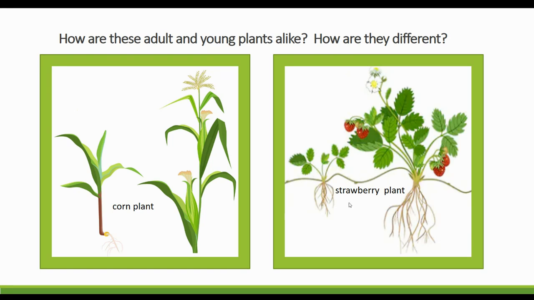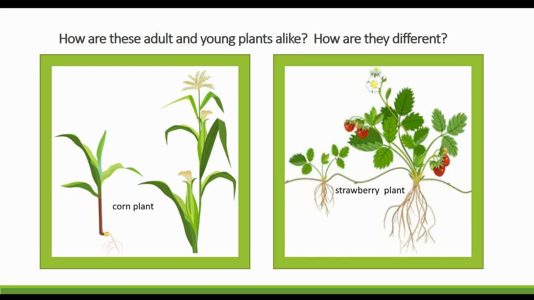If you look over here on this side, the strawberry plant, you can see that the roots are also growing the same. The shape of the roots, or the way the roots are growing, looks the same from the young plant to the adult plant. So you can say that the roots are inherited. Same thing with the leaves. If you can see the leaves, the shape of the leaves, they're the same color, same shape.